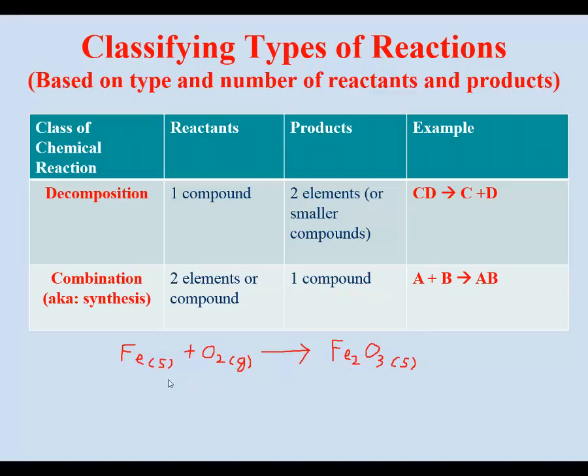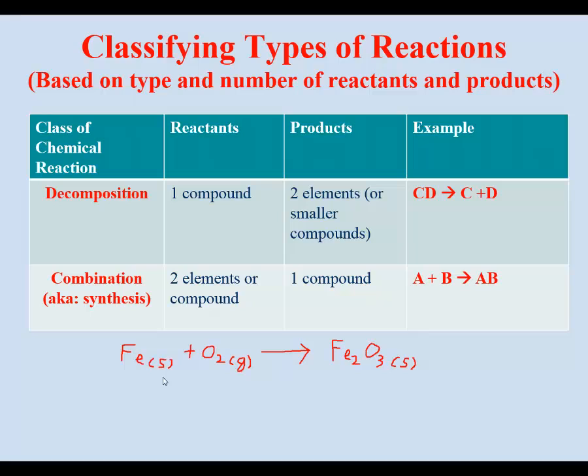Now sometimes we'll also classify this combination reaction with a second name, as a combustion reaction. In fact, whenever we see oxygen combining with other elements, we consider that a combustion reaction. Frequently we'll see oxygen combining with fuels in our society, which are hydrocarbons. Oxygen will be combining with carbon, and oxygen will be combining with hydrogen to form water vapor and carbon dioxide gas.